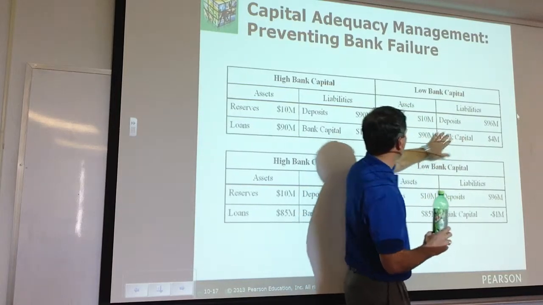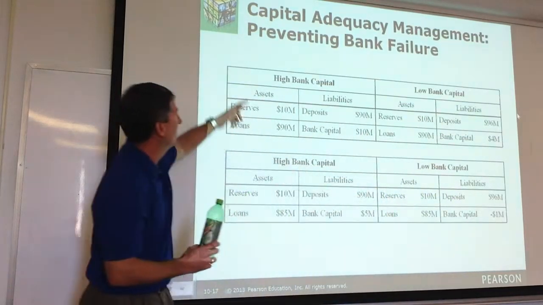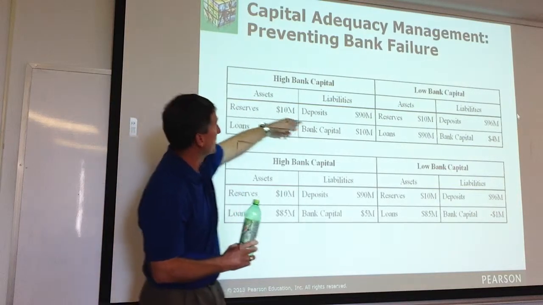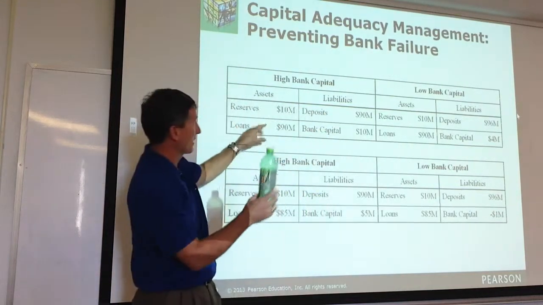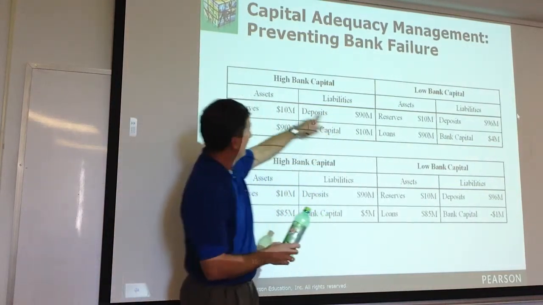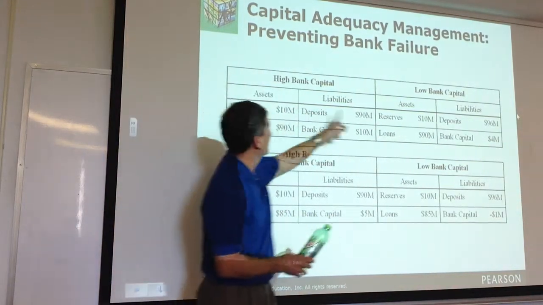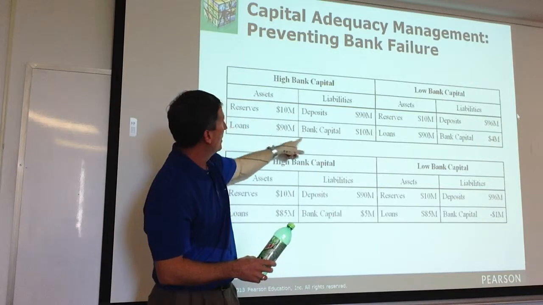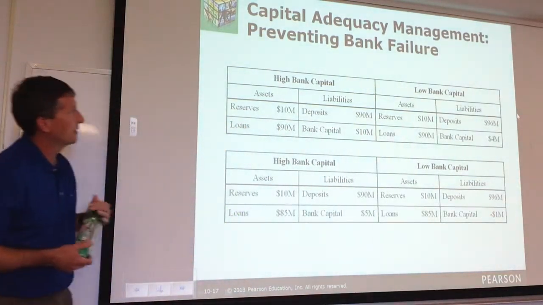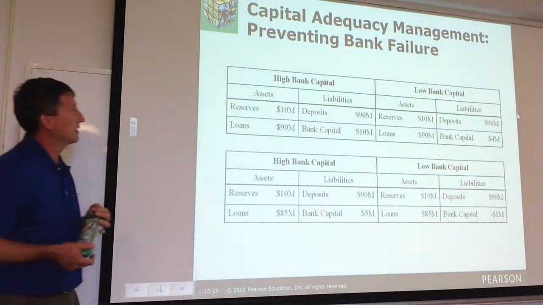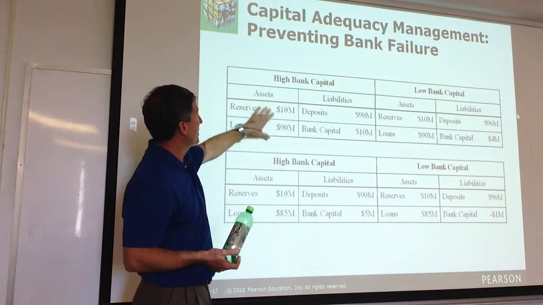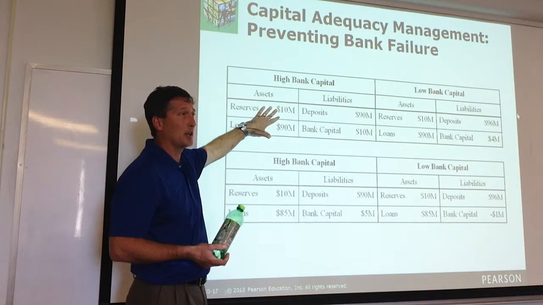We've got bank capital of 4 million, loans of 90. Again, one thing to double check is to make sure assets equal liabilities. We can start to piece it together that way. So deposits, reserves, reserves are the same. Bank capital at 90. So we've got each what we call a $100 million bank.